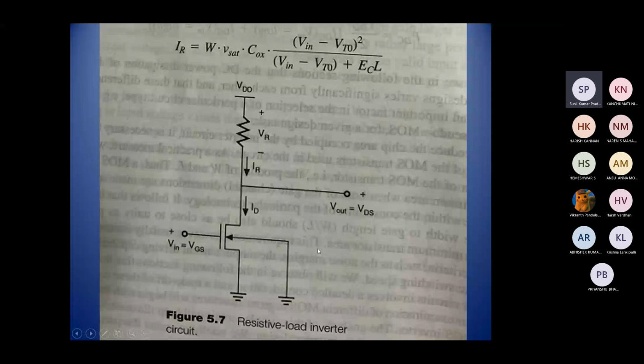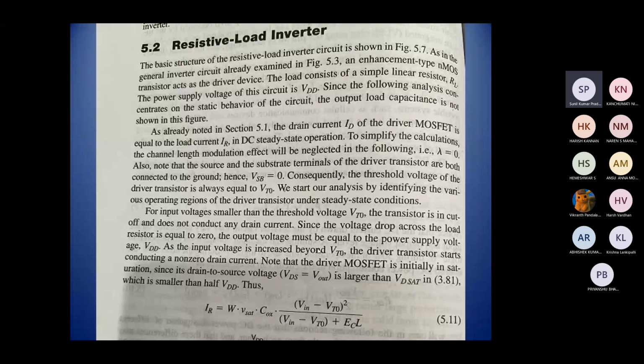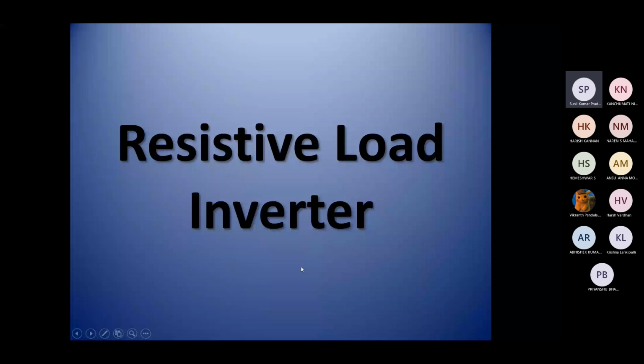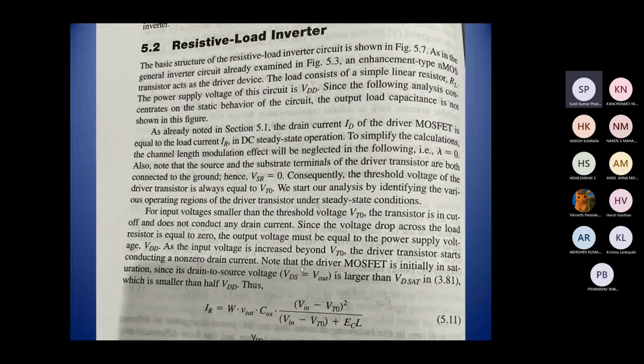That makes VSB equal to 0. Consequently, the threshold voltage of the driver transistor is equal to VT0.